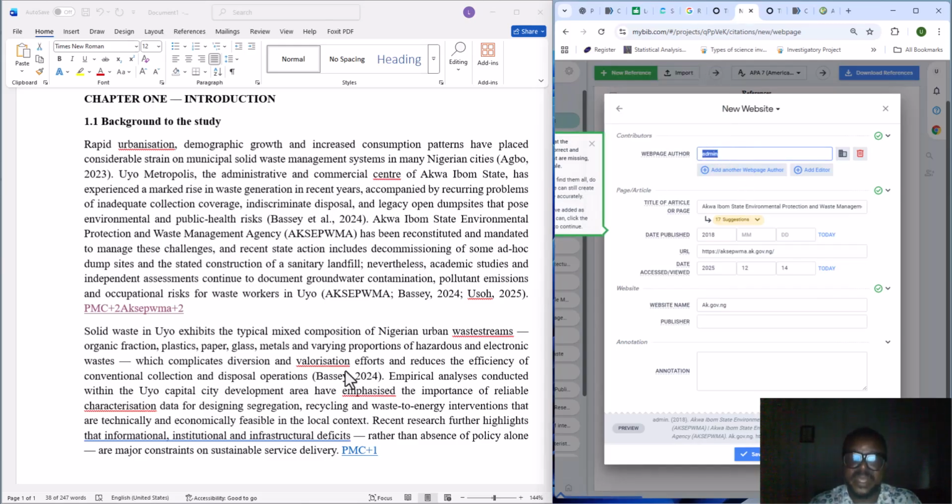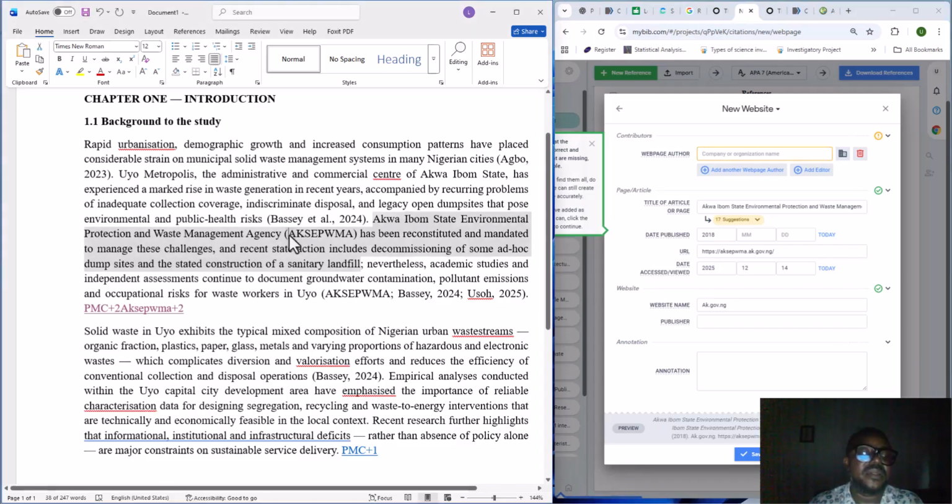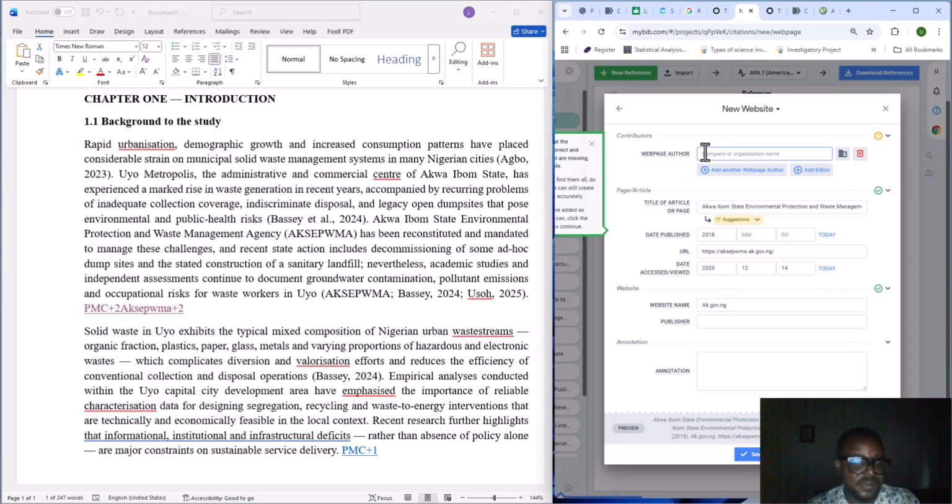That's why we have this here. So we copy this and put here which year. It captured the year, which is 2018. So that's it, and we save.